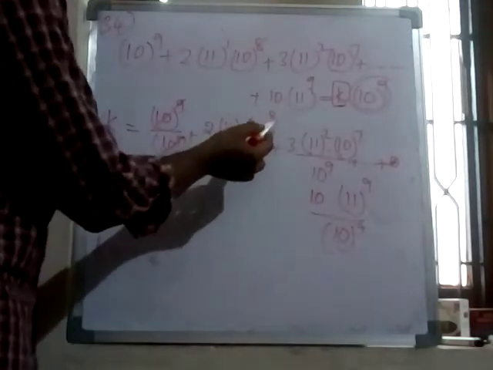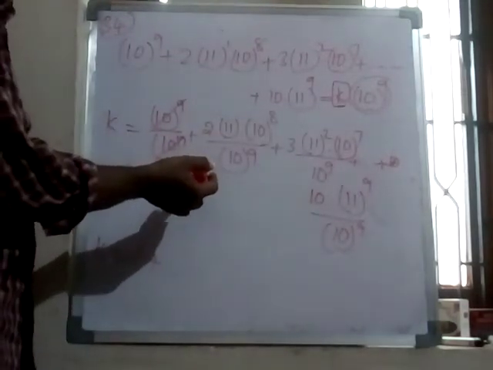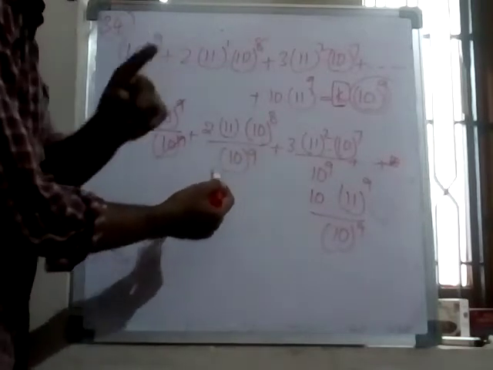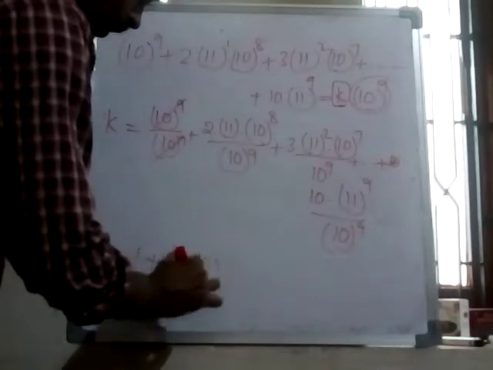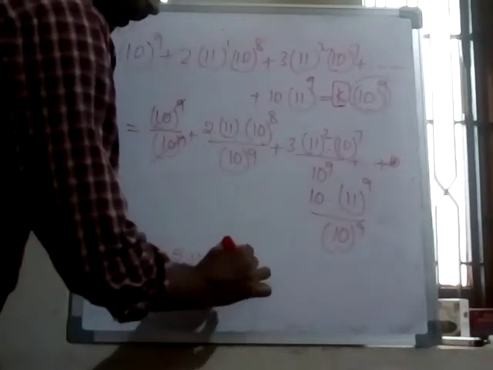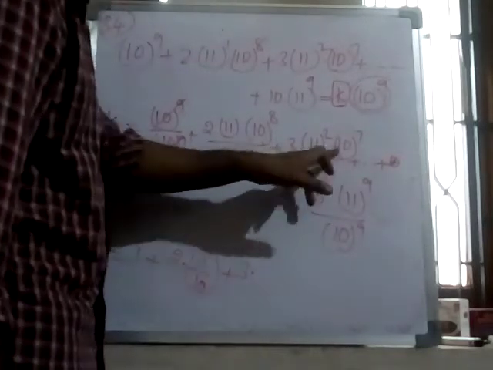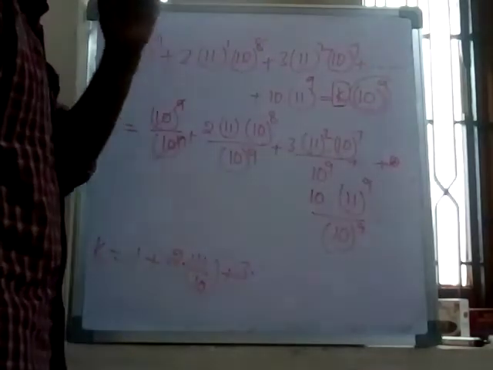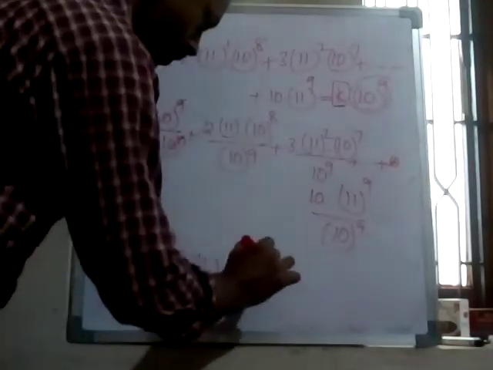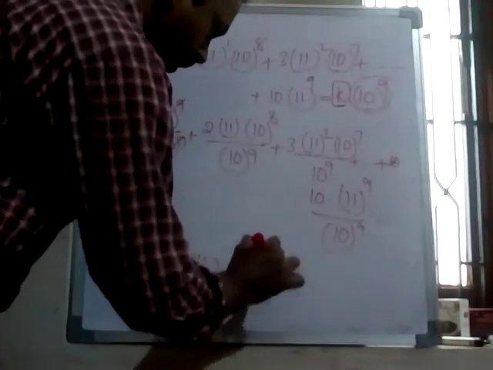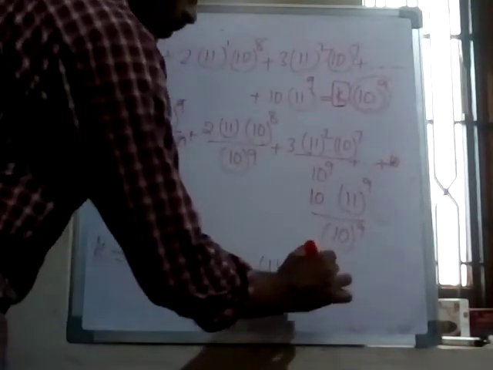Here 10 to the power of 8 by 10 to the power of 9 means we get denominator 10 only. Here 2 is already there, so 2 into 11 by 10, plus 3 into, here 10 to the power of 7 by 10 to the power of 9 means we get 10 square in the denominator. So 11 by 10 whole square, plus so on.